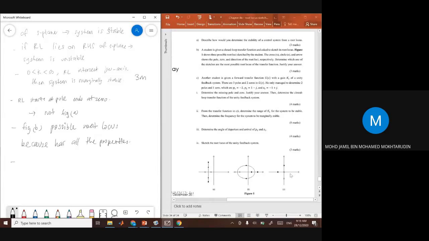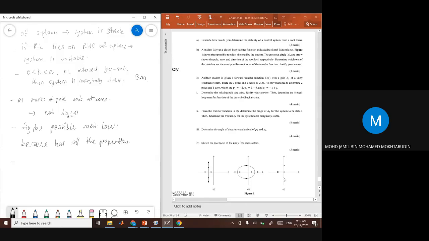Okay, so figure C. If you look at the poles here, one is at the real axis and one on the jω axis, and for the zeros, one is at the origin and the other one is on the jω axis. So if you look at the plot of poles and zeros, it's not symmetric.